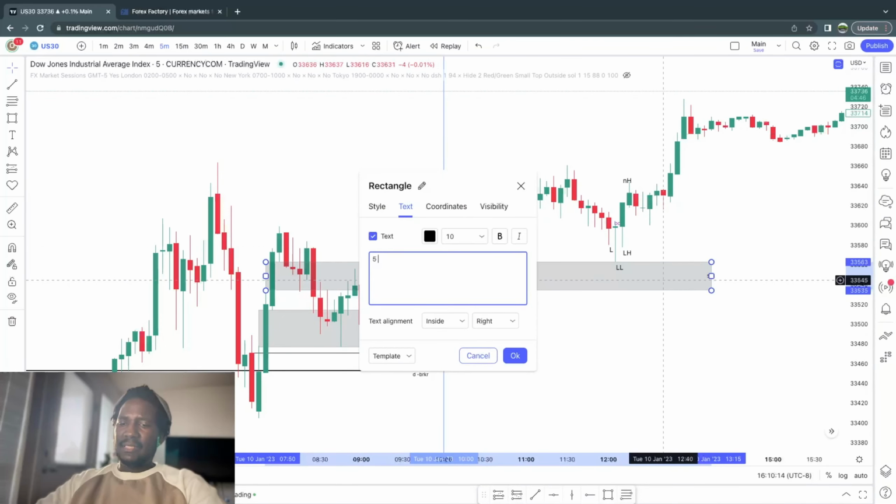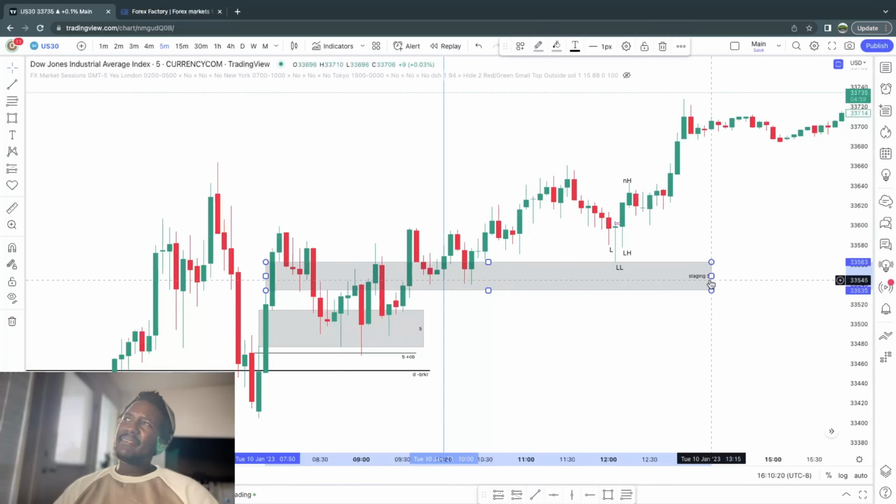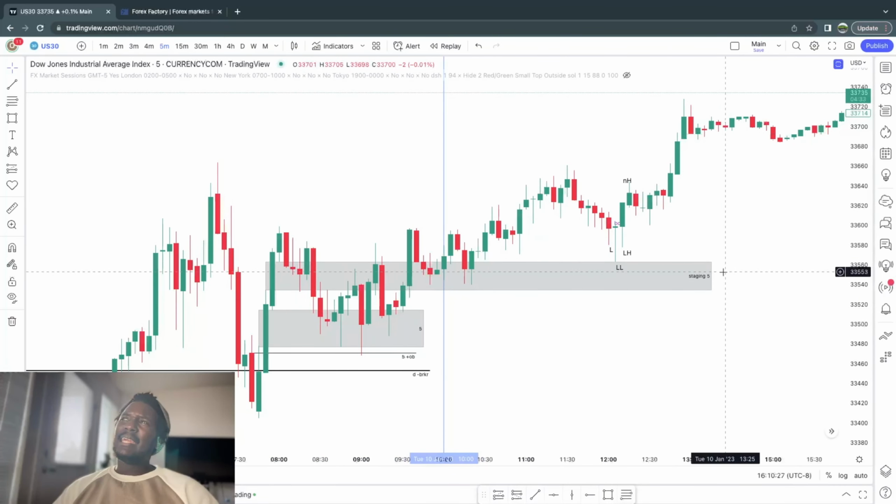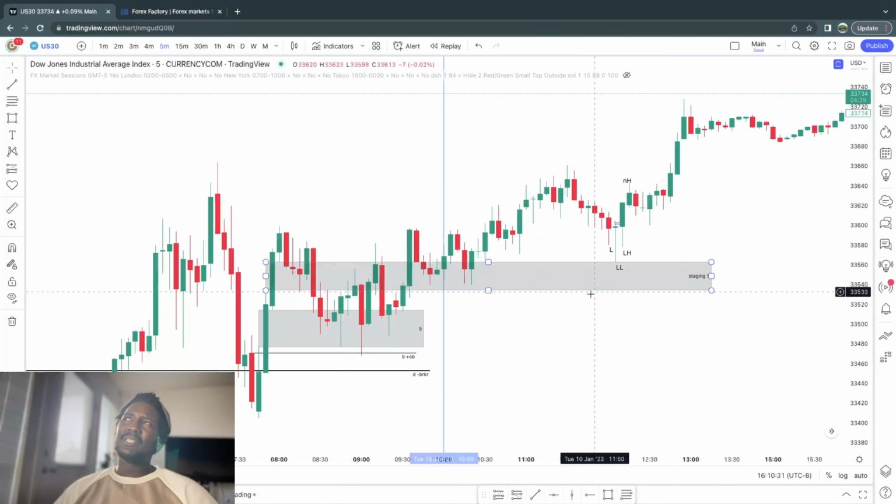So I like to name this a 5 stage staging. I just write a 5 to show me that it happened on the 5-minute time frame. And then I like to name it staging because I expect the market to bounce off of it and go in one direction or the other, right?